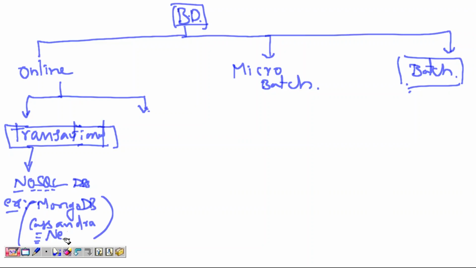Even HBase also, in our Hadoop we use HBase, right? HBase also comes under NoSQL. All these are different examples. But what is the purpose of MongoDB, Cassandra, Neo4j? This discussion later, because our topic will be diverted. When the time comes to discuss NoSQL, we will discuss the different varieties of NoSQL and the purpose of each variety there.